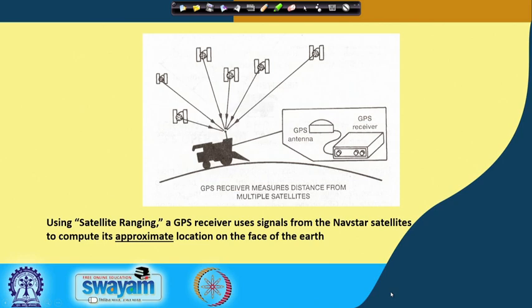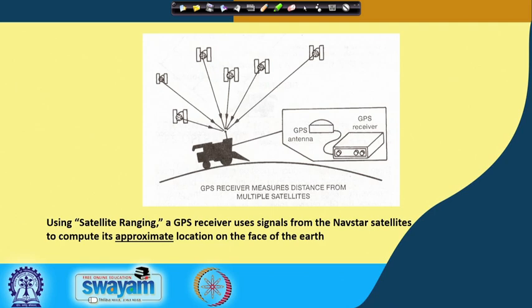And remember that using satellite ranging, a GPS receiver uses signals from the Navstar satellites to compute its approximate location on the face of the Earth. So, for getting an approximate location, we have to use satellite ranging, so that a GPS receiver uses signals from the Navstar satellites to compute an approximate location on the face of the Earth.